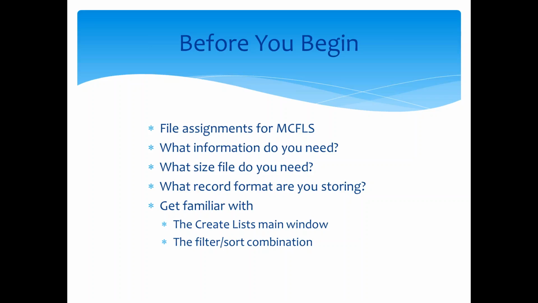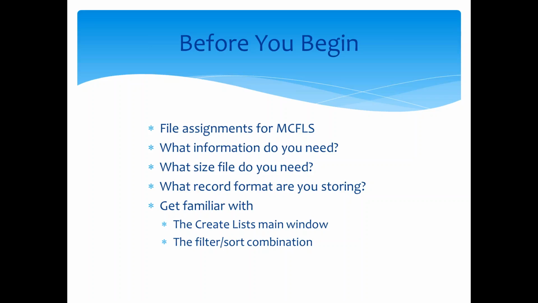There are connections between patron records and items, but there's no connection between a title record and a patron. You don't check out bib records, you check out item records. So that's the type of thing you have to consider, that there are connections you can leverage within create lists to get the data that you need, but you have to consider the record format you're storing. We'll take a look at that in a second.